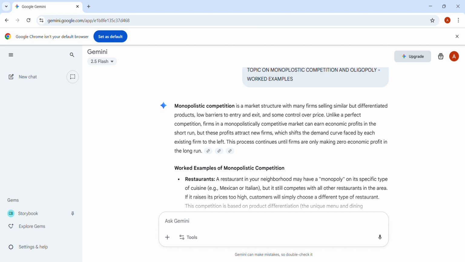But remember, most firms would compete on pricing, because if we all increase our products, that will mean we are increasing supply.